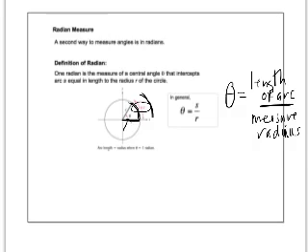So when you see theta equals S over R, they're talking about this definition.